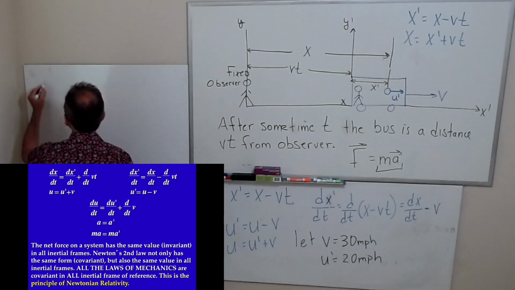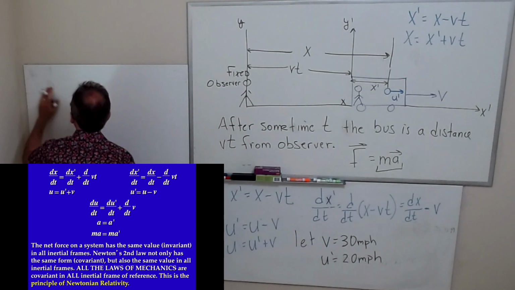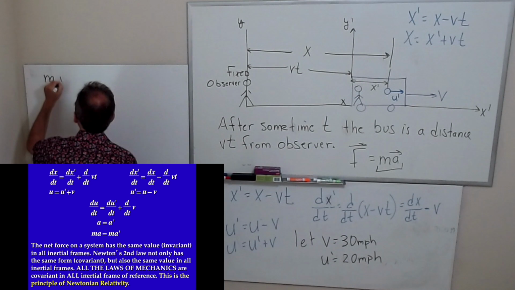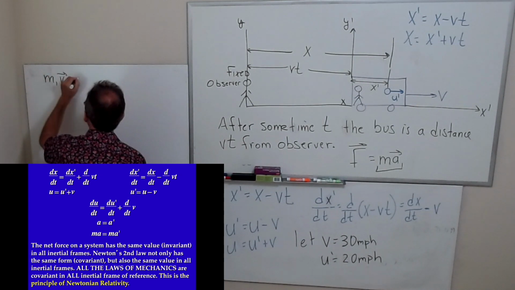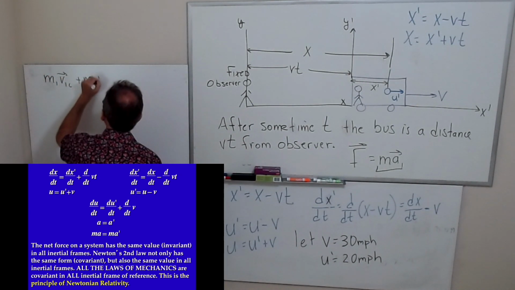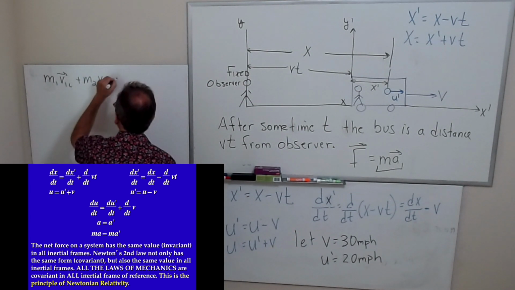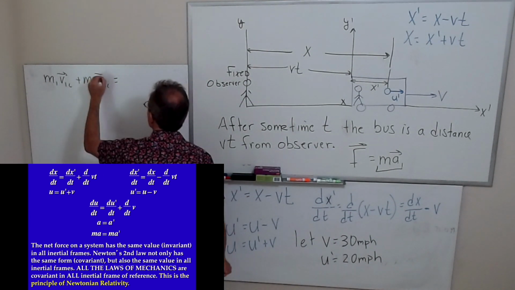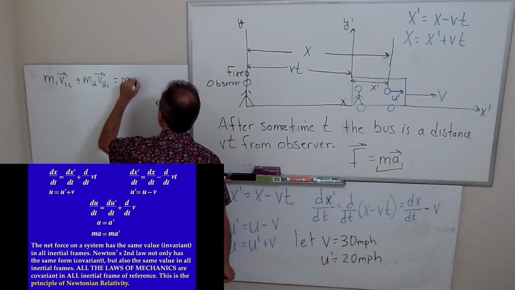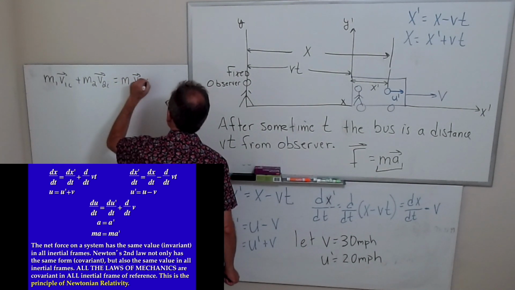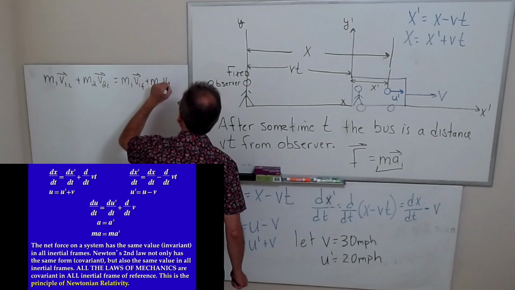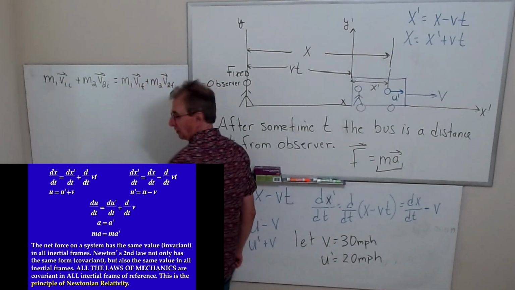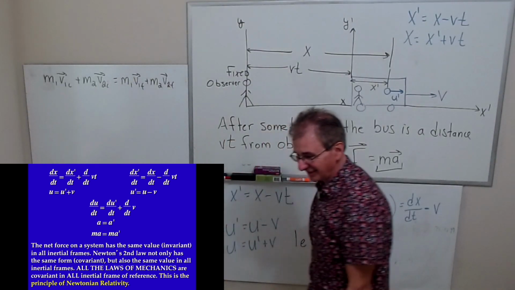You have two objects that collide. M1, V1 initial plus M2, V2 initial has to be equal to M1, V1 final plus M2, V2 final. You guys remember that? I hope. That's from Physics 205.